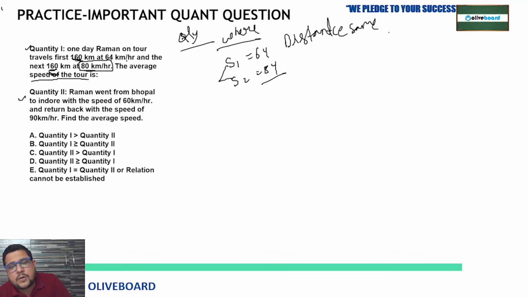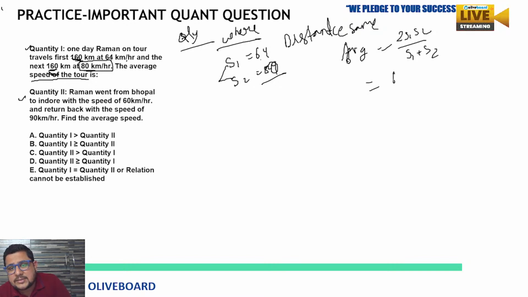Then you just have to follow the direct formula of average speed, 2 s1 s2 upon s1 plus s2. So here you can say 64 multiply 80, not 84, sorry, upon s1 plus s2. 80 plus 64 means 144. So by 8 you can cancel this. How many times? 18 times, and this one 10 times, sorry.